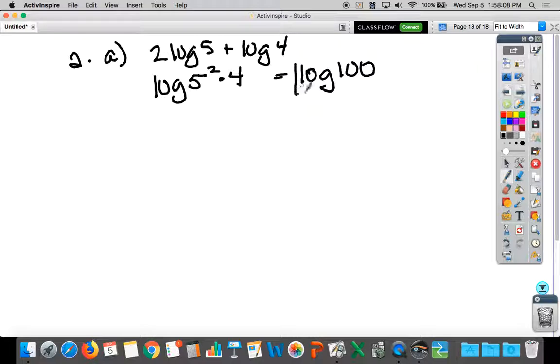So there it is as a single log. Put that in your calculator and tell me what the answer is. Okay, so that's what we're doing on these. So I want you to do B and D. Write them as a single log and then work them out.